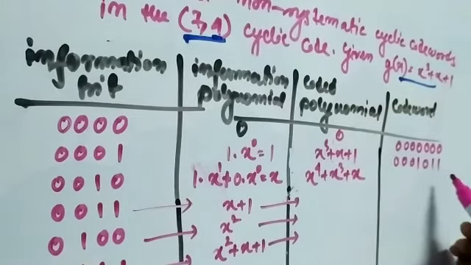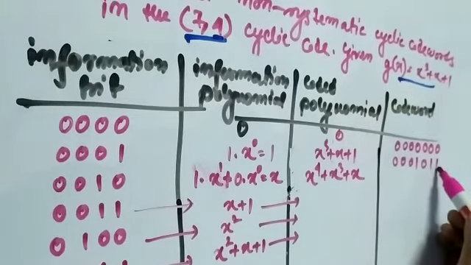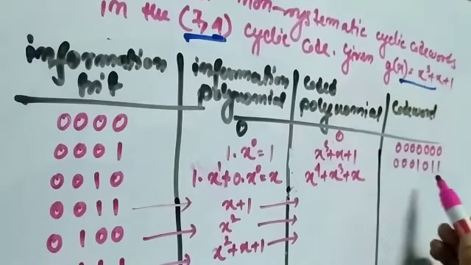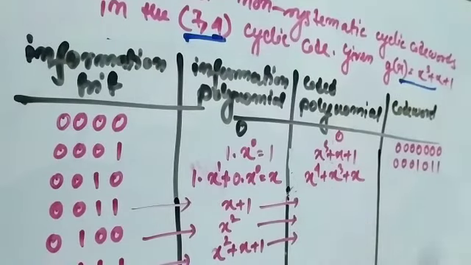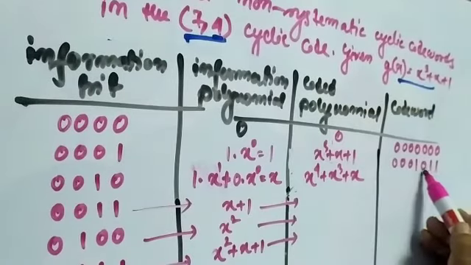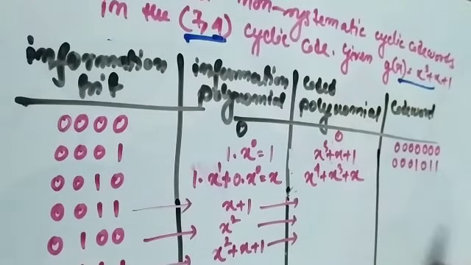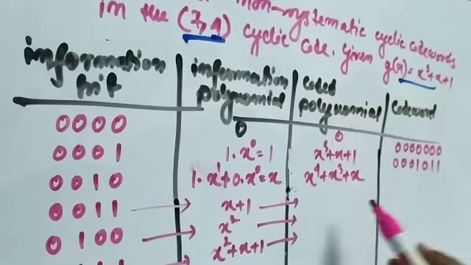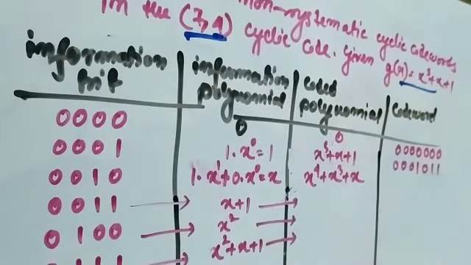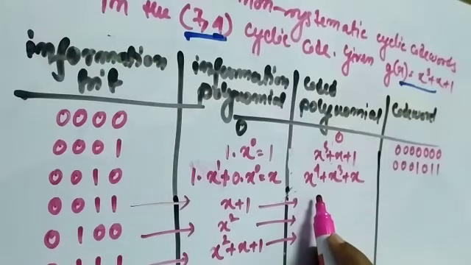So the degree of the polynomial for this case is x cube. For this x cube, 1 is written here. For x square, it is not here, therefore we can put 0. For x we can put 1, and the last is 1.